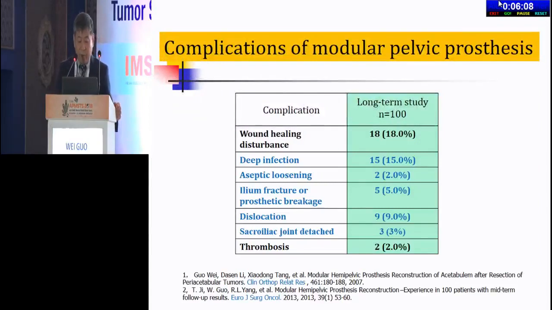Complications of the modular pelvic prosthesis, from long-term follow-up, include deep infection around 15%, septic loosening 2%, ileum fracture or prosthesis breakage 5%, dislocation 9%, and sacroiliac joint detachment about 3%.